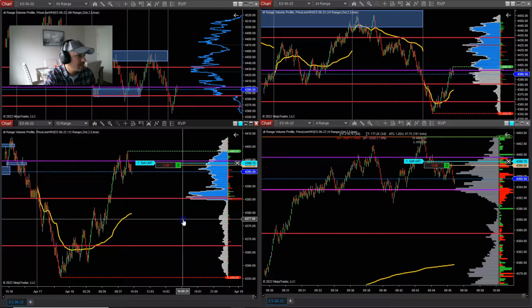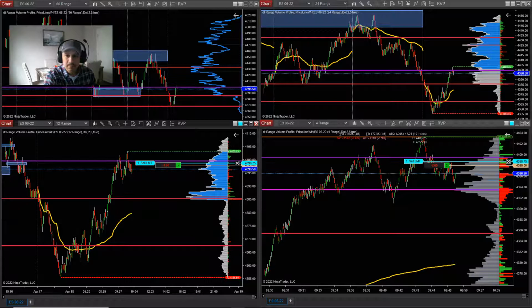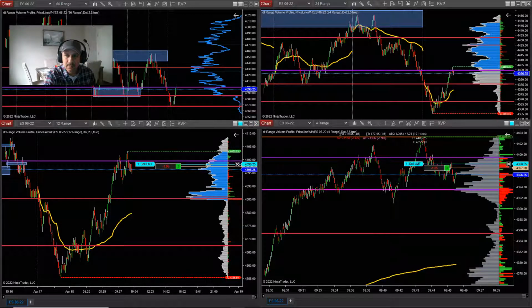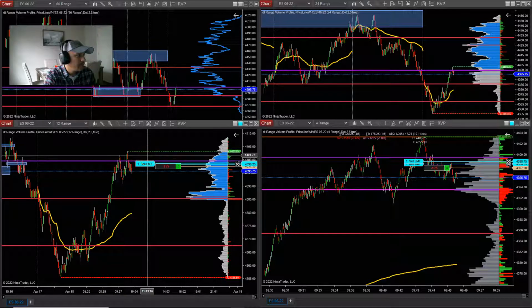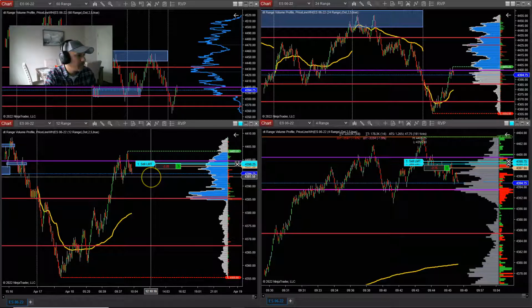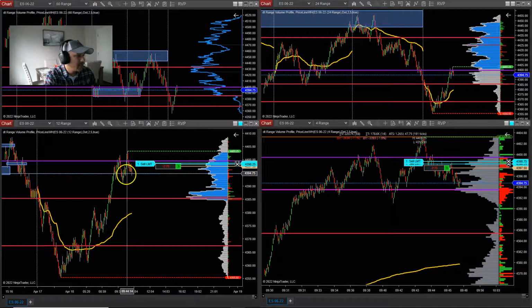What is it doing? Yeah, come lower. Yeah, come down here. Bought too early. Bought way too early. I don't want to see it break this area here though.